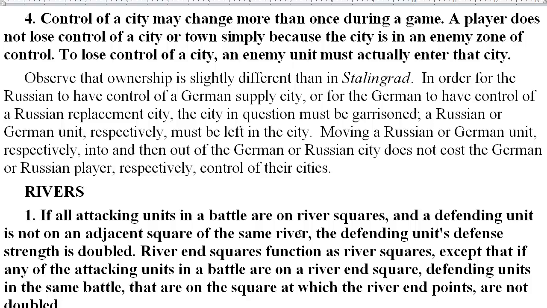River end squares function as river squares, except that if the attacking unit is on a river end square and the defending unit is on the square at which the river end square points, the defending unit is not doubled, because the river end square does not function as a river square for the square at which it points.